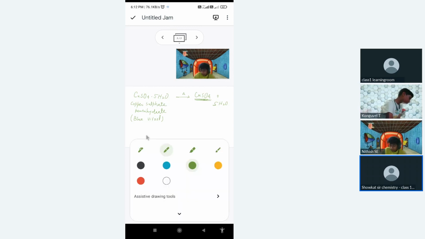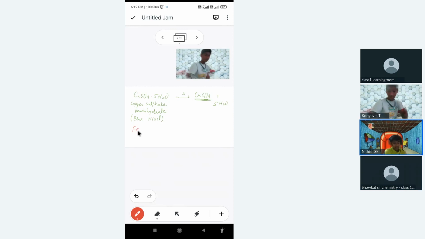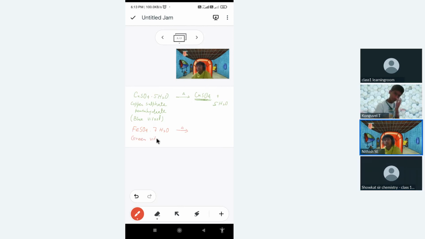Isn't it? Yes. So can you tell me what is green vitriol then? It is definitely your iron sulfate. Yeah, heptahydrate. Iron sulfate heptahydrate. This is known as green vitriol.